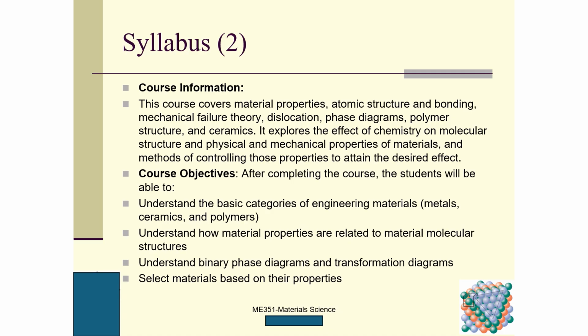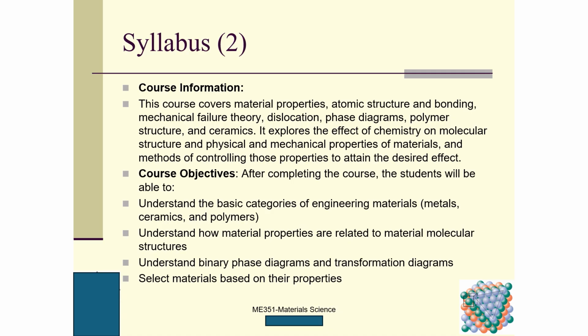The course objectives. After completing the course, the students will be able to do the following things. First, the students should understand the basic categories of engineering materials, for example, metals, ceramics, and polymers.